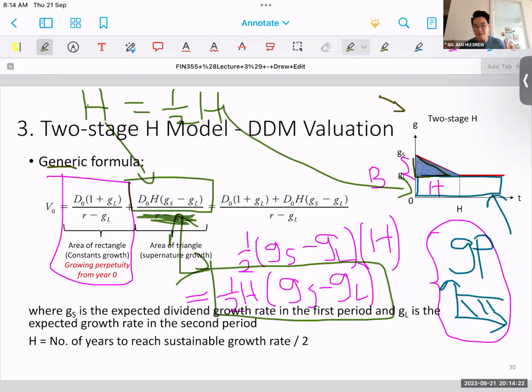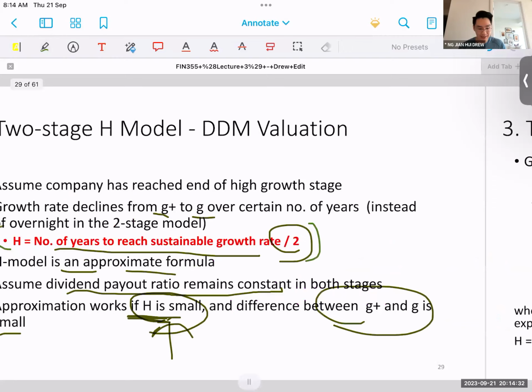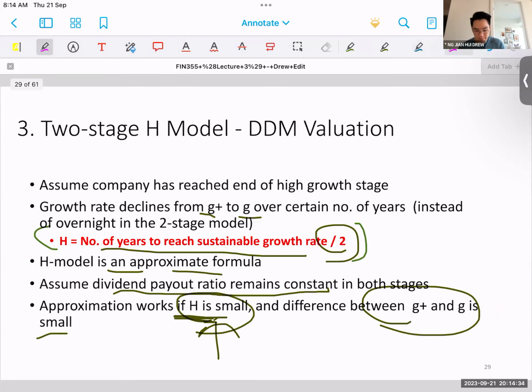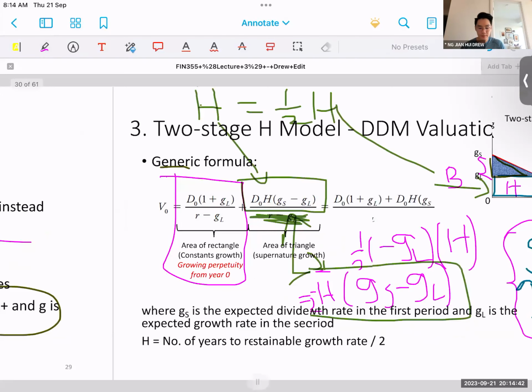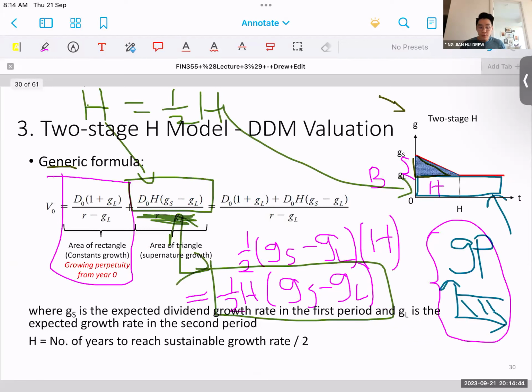It's a bit confusing, I should have used small h. But everyone can see that the H equals the half H, which is given here: H equals number of years of sustainable growth divided by half. Of course, we have to add the dividends component.